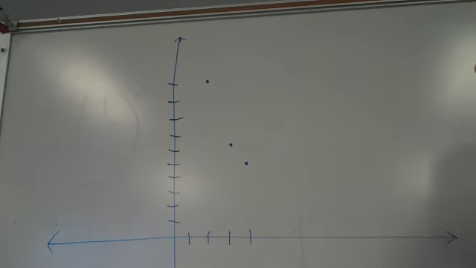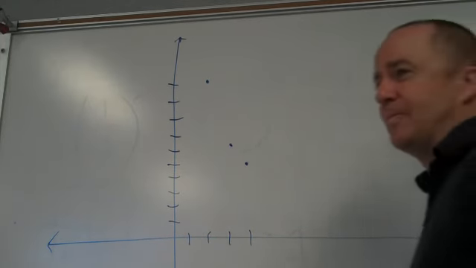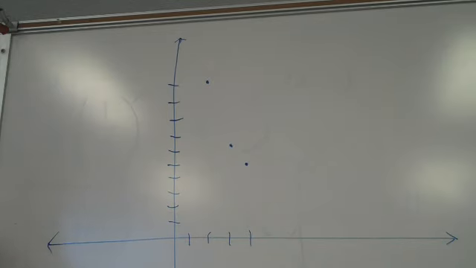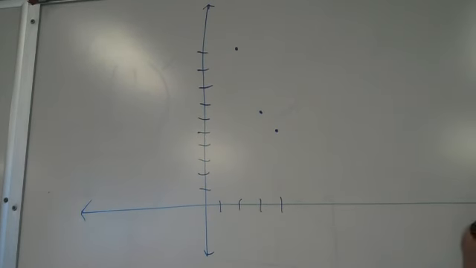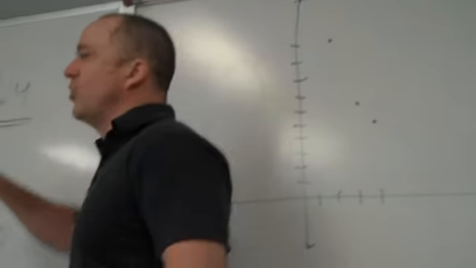Now, before you graph it, there's one more thing I insist you do. I said that on exponential decay, the x-axis is still an asymptote. What do you think this plus 4 does to that?